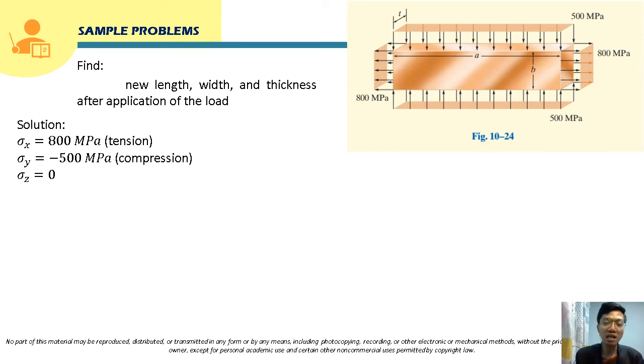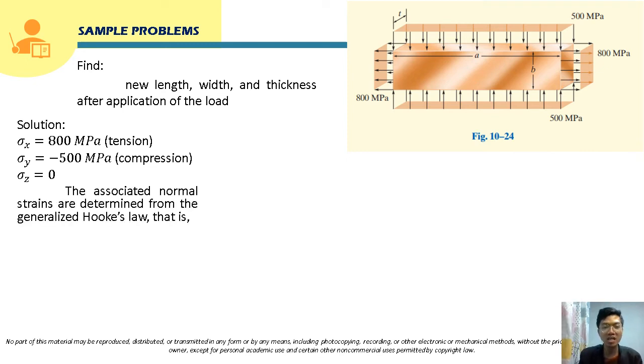Since we already have these sigmas, or normal stresses, we can now solve for the strains using the formulas that we derived in our discussion of axial loading using generalized Hooke's law. We will start with the strain in the x direction. So this is already our formula for this.